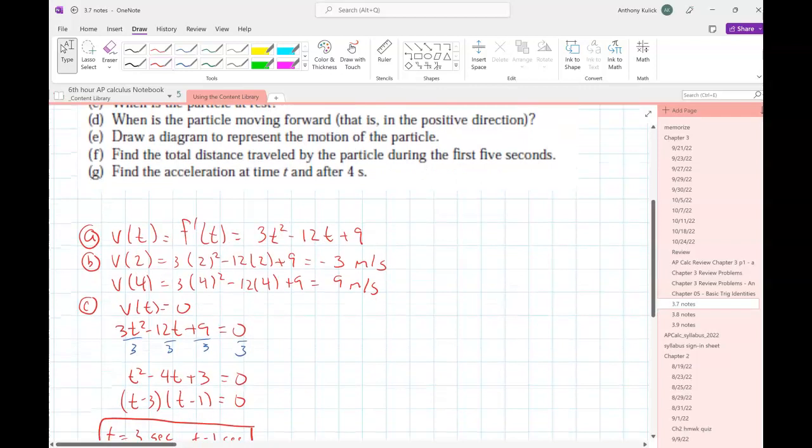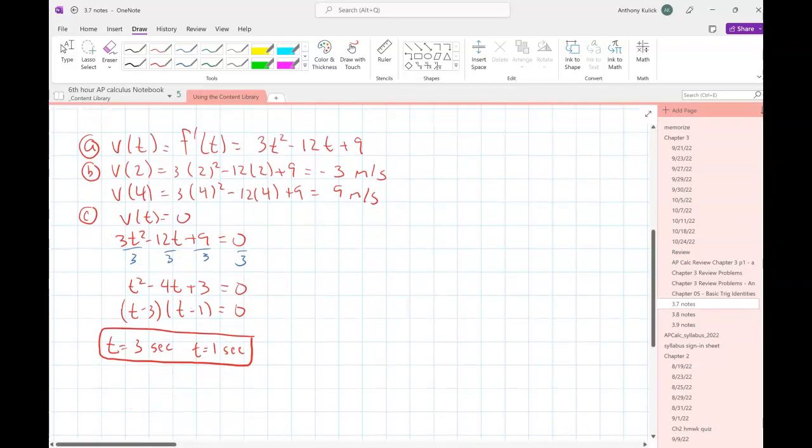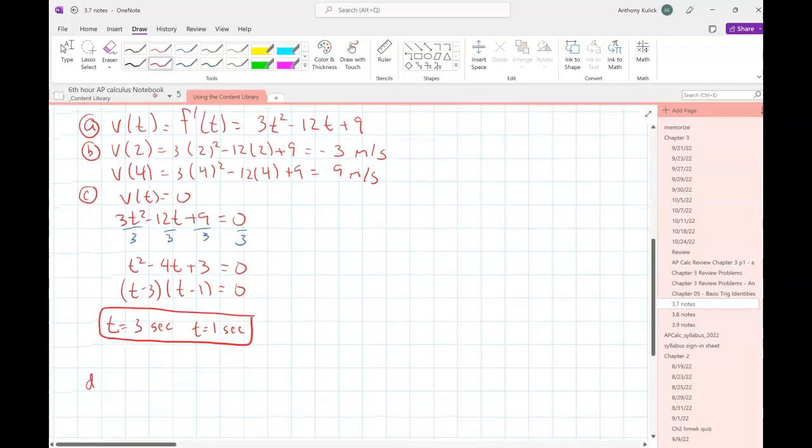It says in part D, when is the particle moving forward? That is, when is it moving in the positive direction? What are we doing there? When is the particle moving in the positive direction? What am I trying to find?